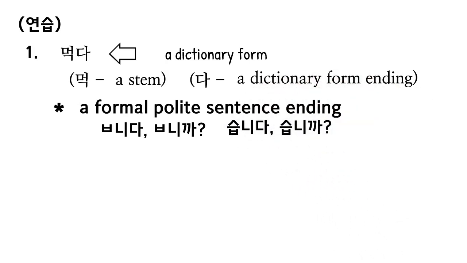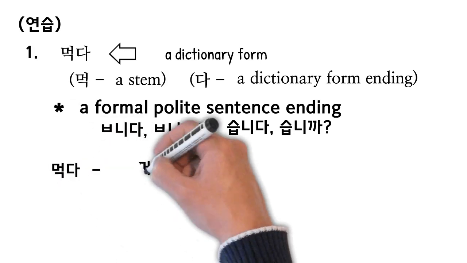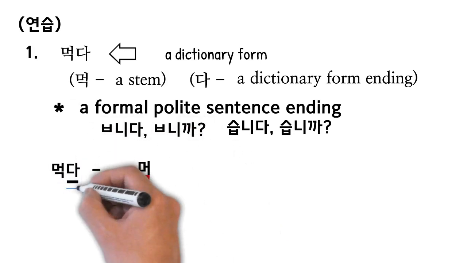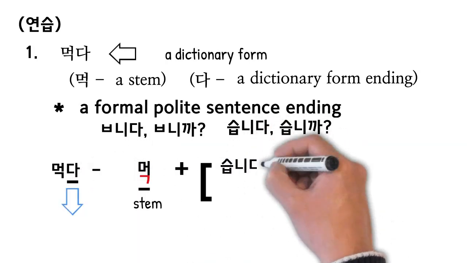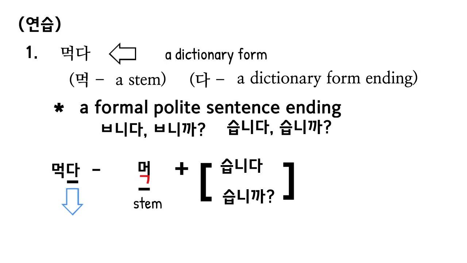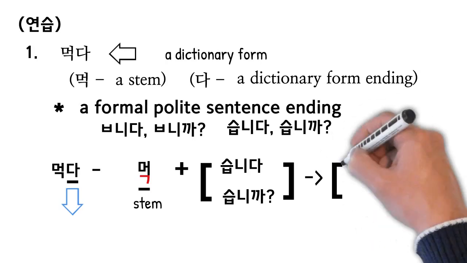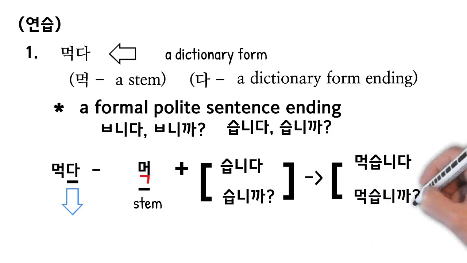Here is a formal polite sentence ending with the verb 먹다. 먹 is a verb stem, drop 다, and attach 습니다 or 습니까 to the verb stem 먹. Because the verb stem 먹 ends in the consonant 기역, the red one, it comes to 먹습니다 or 먹습니까.